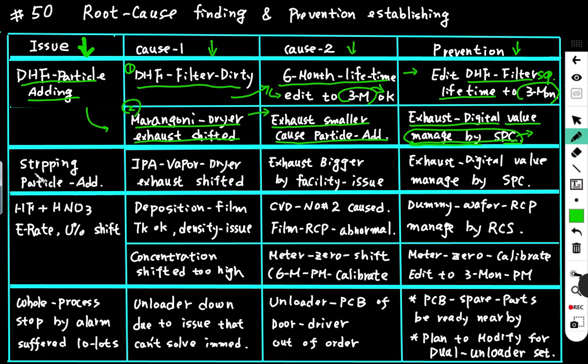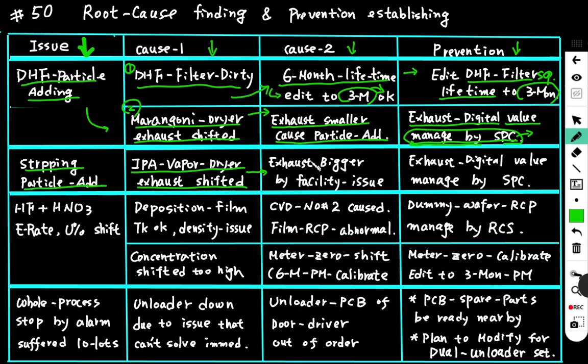For example, each stripping tank particle abnormal adding. Root cause 1, we found that the IPA vapor dryer exhaust shifted. And why did the exhaust shift?